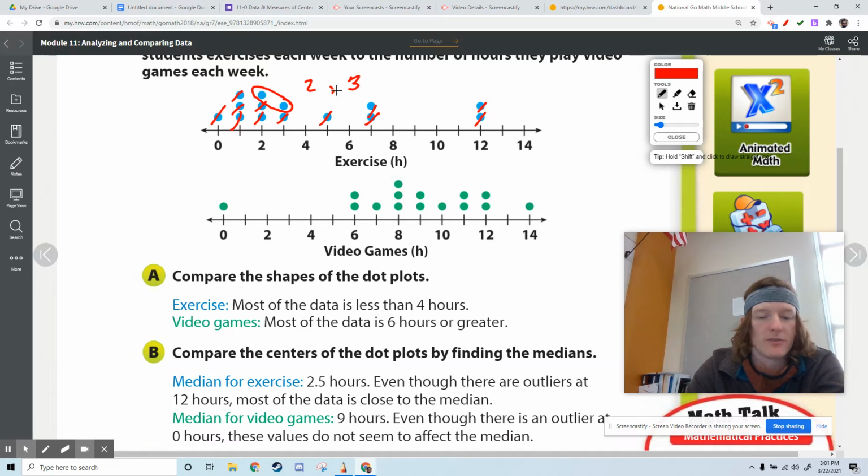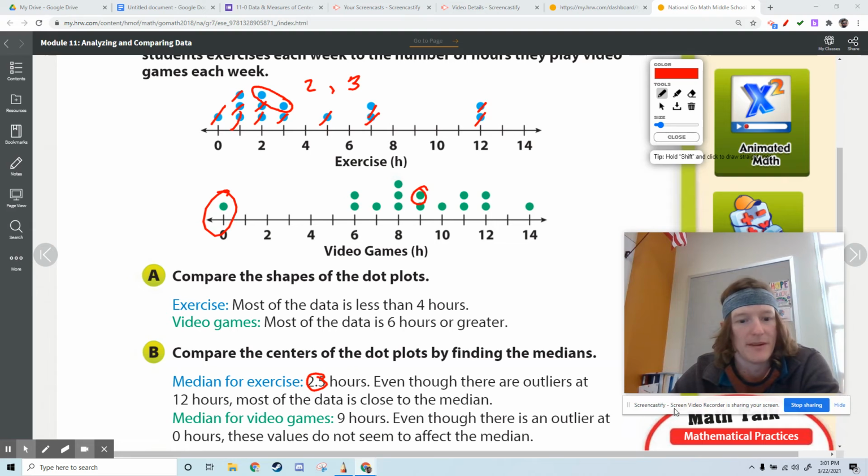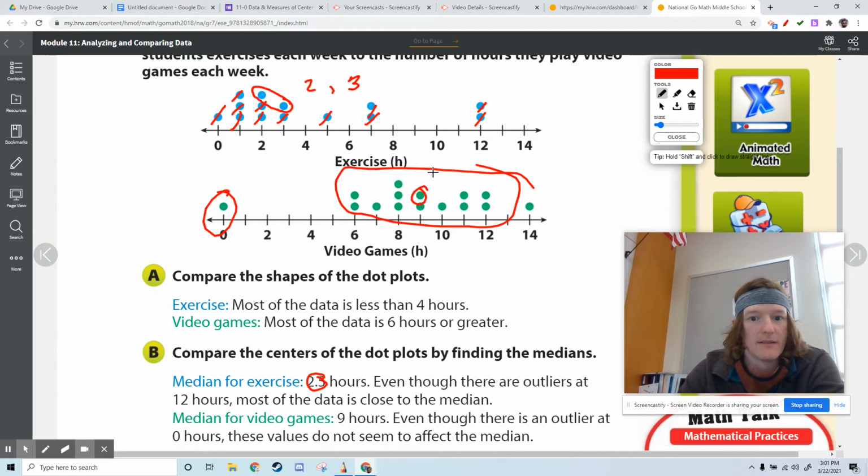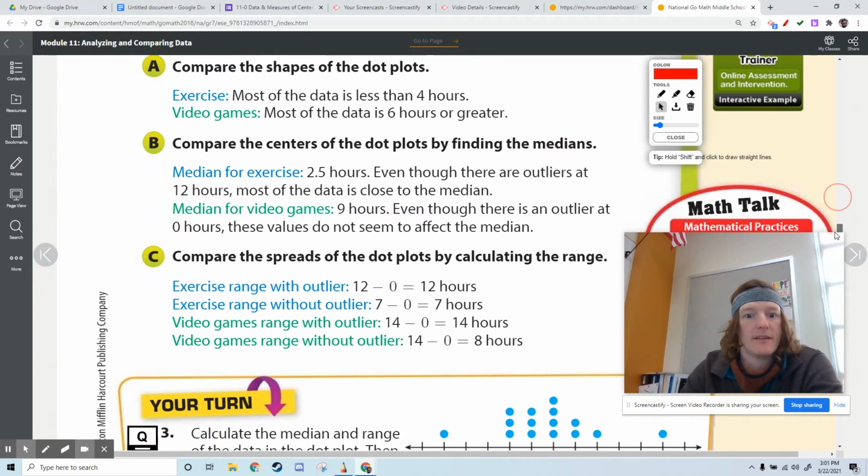Well, in between 2 and 3 is 2.5. So we have 2.5. For video games, it's one of these 9s. Even though there's an outlier here, which we might mention in a minute when we talk about the spread, the median is around here, and most people are around 9. So the median for video games is much higher than for exercise.